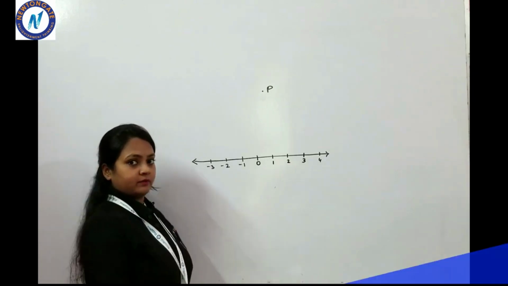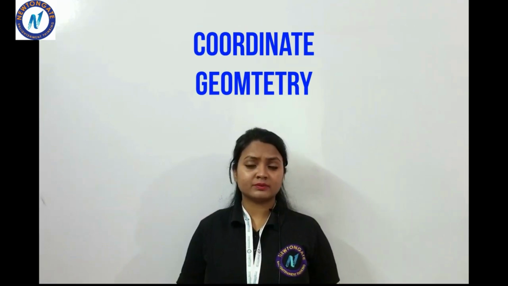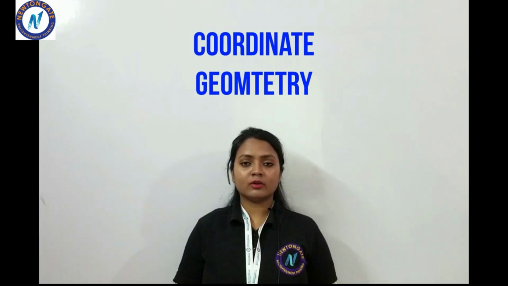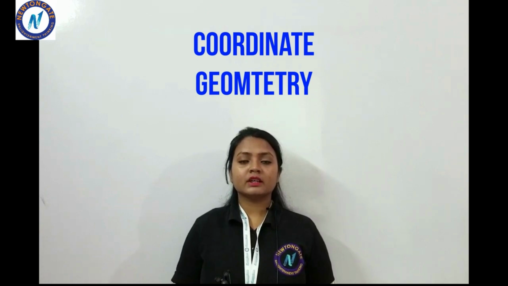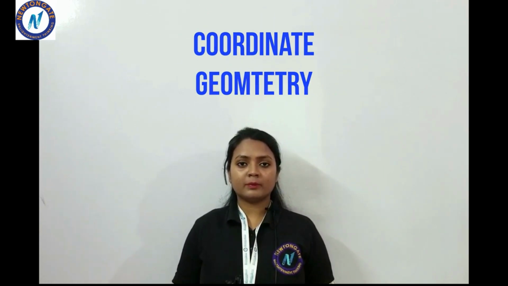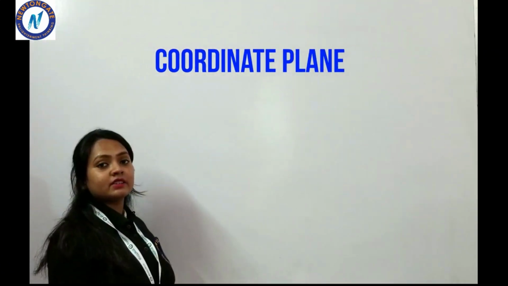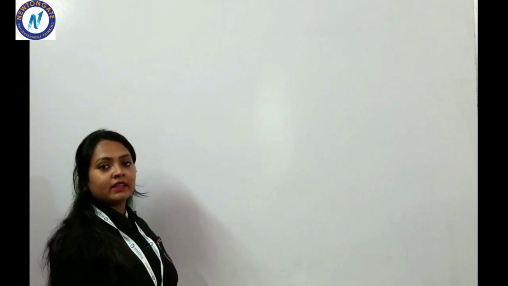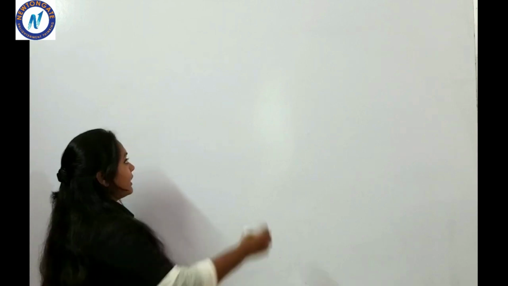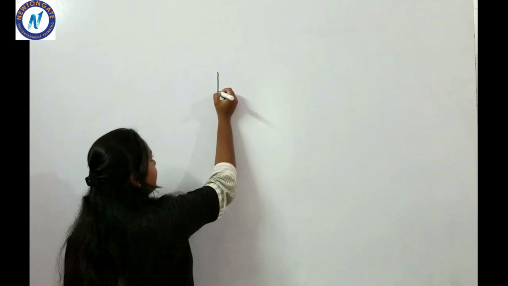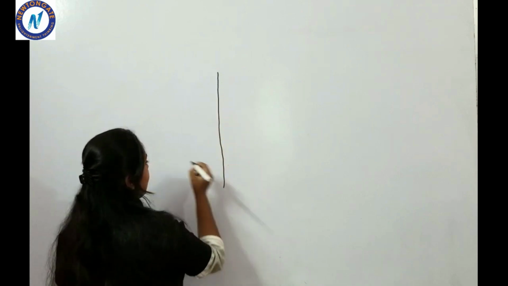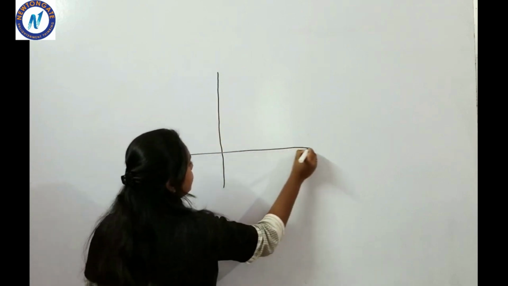Let me explain. Coordinate geometry is a branch of geometry in which two numbers, called coordinates, are used to locate a point on the plane, and this plane is known as the coordinate plane. In this system, two lines intersect each other like that. One is vertical and the other is horizontal.